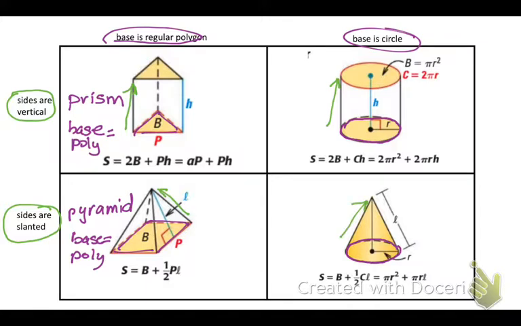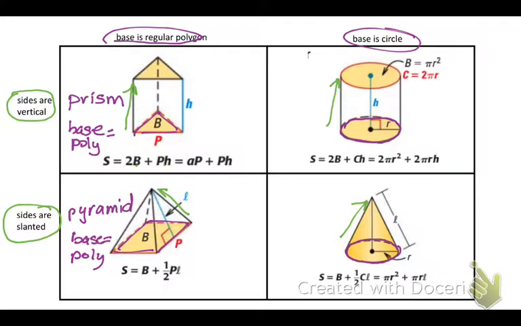So let's look at their equations. Let's look at the first column. Here we have the surface area is equal to 2 times the base plus the perimeter times the height. Now for a pyramid, you don't have two bases.